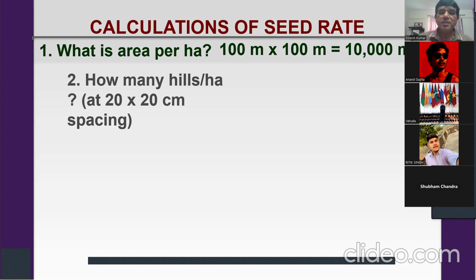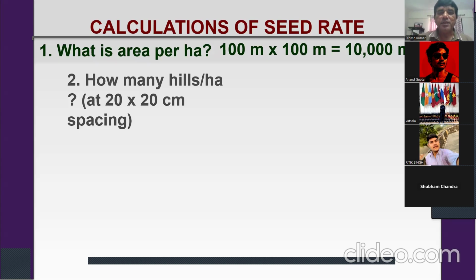Suppose it is 20 centimeter by 20 centimeter, then it will be 0.2 meter into 0.2 meter. Then it will be 0.04 meter square, isn't it? So if you divide 10,000 by 0.04, then you will get the number of hills per hectare. Is that correct? Yes, sir.